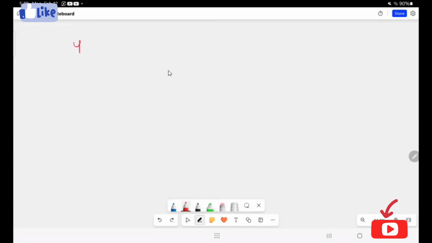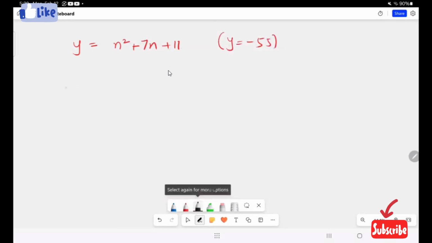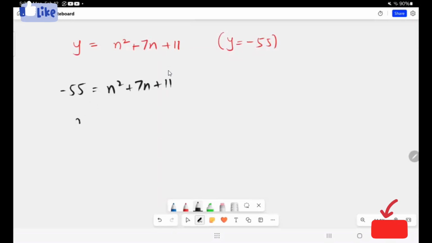Next, I'm going to rewrite the equation y equal to n squared plus 7n plus 11. Now here I'm going to take the y value of negative 55. So negative 55 is equal to n squared plus 7n plus 11, so n squared plus 7n plus 11 plus 55. So n squared plus 7n plus 66 is equal to 0.